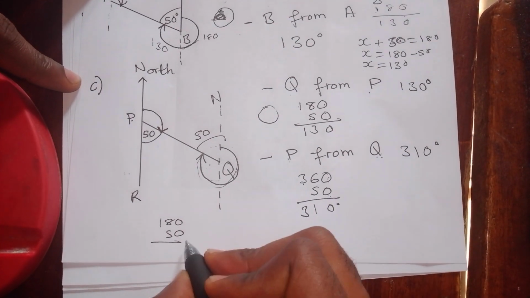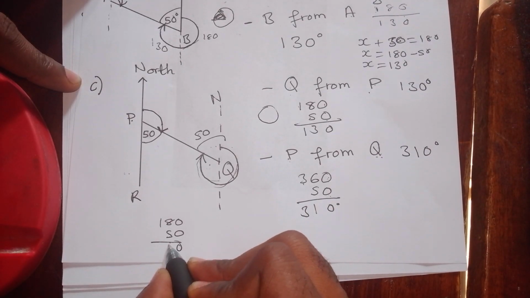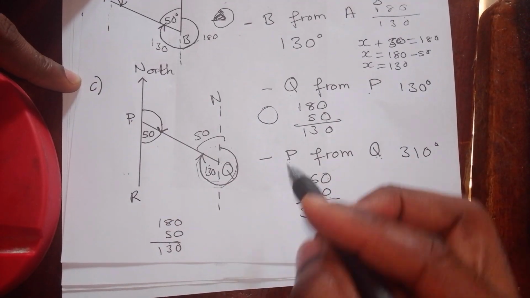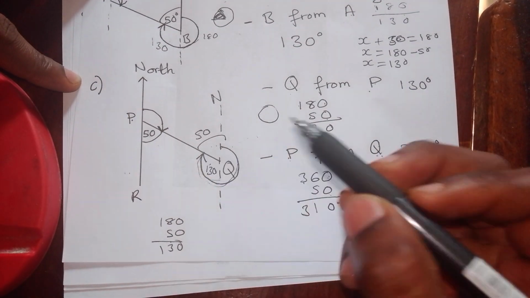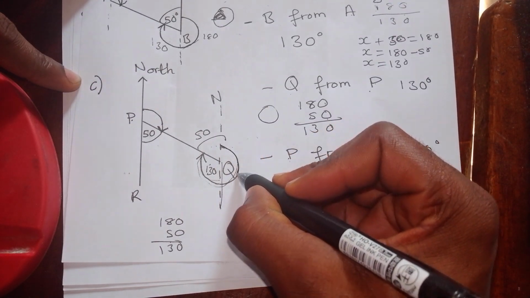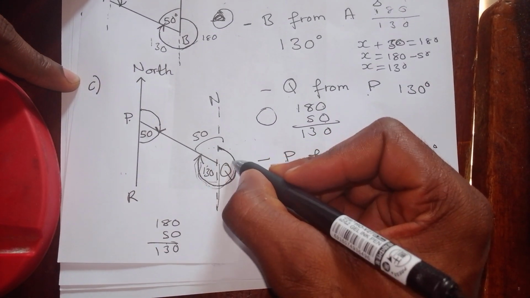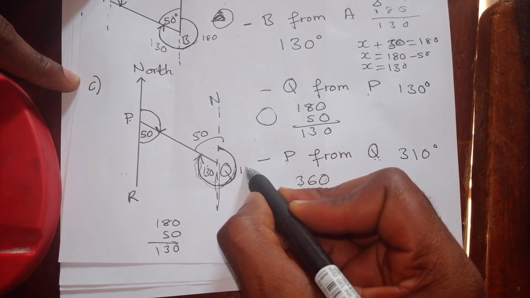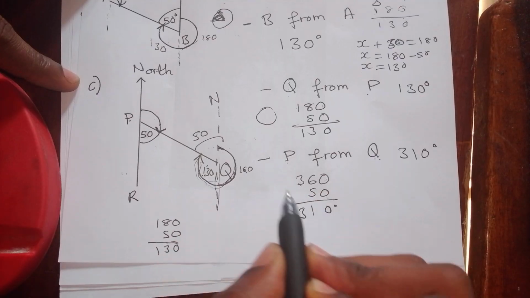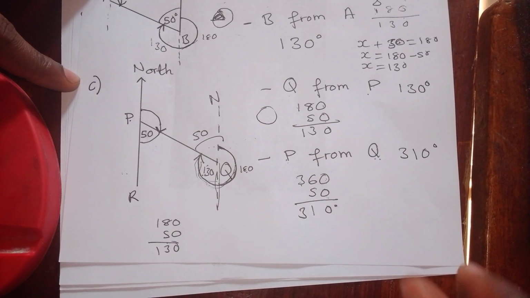If you're not okay with this, you can even skip it. So this one will be 130 degrees. And then to find the entire thing, you can find the sum of this and this. Remember that this is a straight line, so this is 180. So you can say 180 plus 130, you still get 310 degrees.